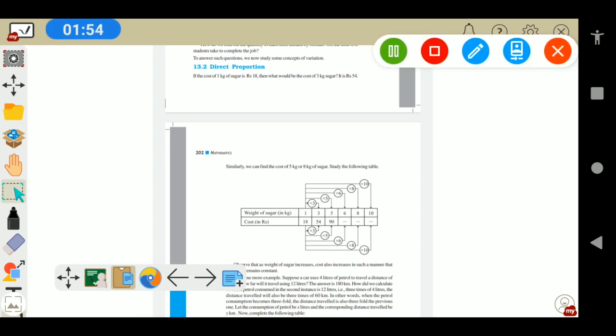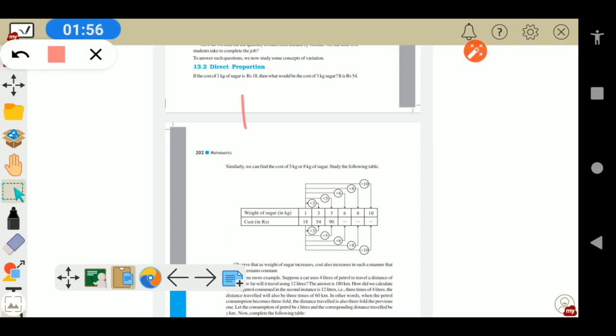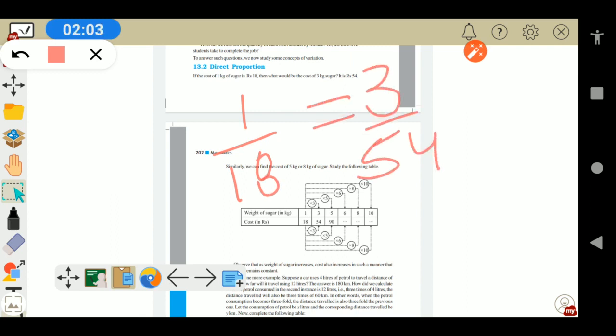Or we can say that the ratio 1 upon 18 is equal to 3 upon 54, because when we cut it, 3 ones are 3, 3 eighteens are 54.